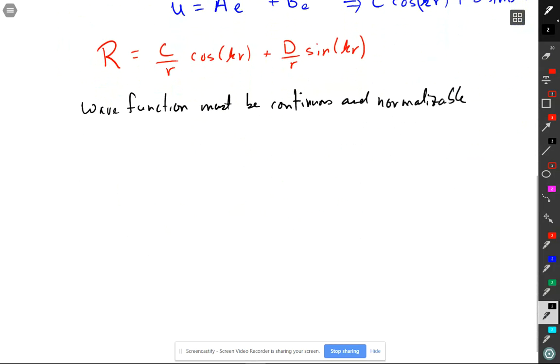So we take this and we have the limits. Now, sine and cosine are both continuous. Sine kr over r, cosine kr over r, they're continuous except one location. They approach infinity at 0.